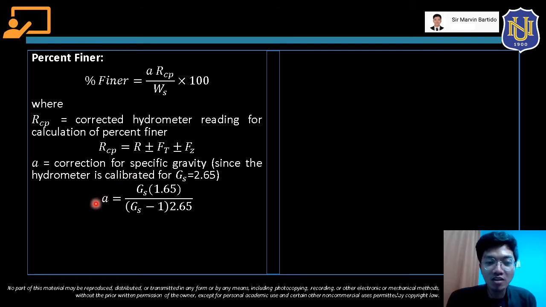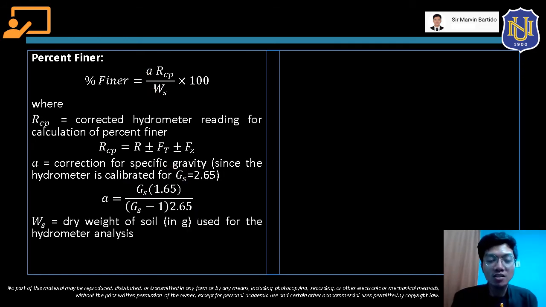Okay, so yan yung value natin for A, yan yung specific gravity correction. And then, yung W sub S na ito, this is the dry weight of soil in grams used for the hydrometer analysis. So, usually nga, 50 grams yung ginagamit natin dito for hydrometer analysis. Okay. Now, this is the percent finer.